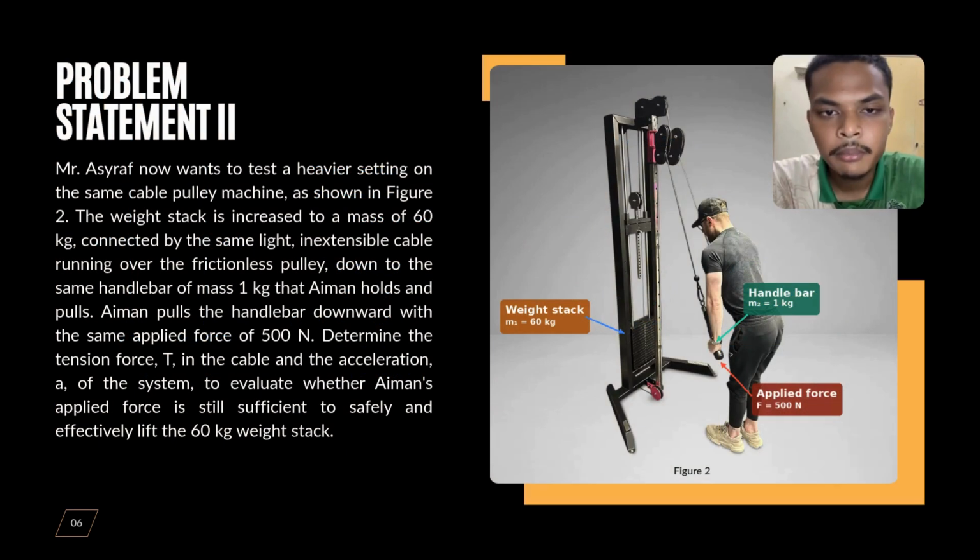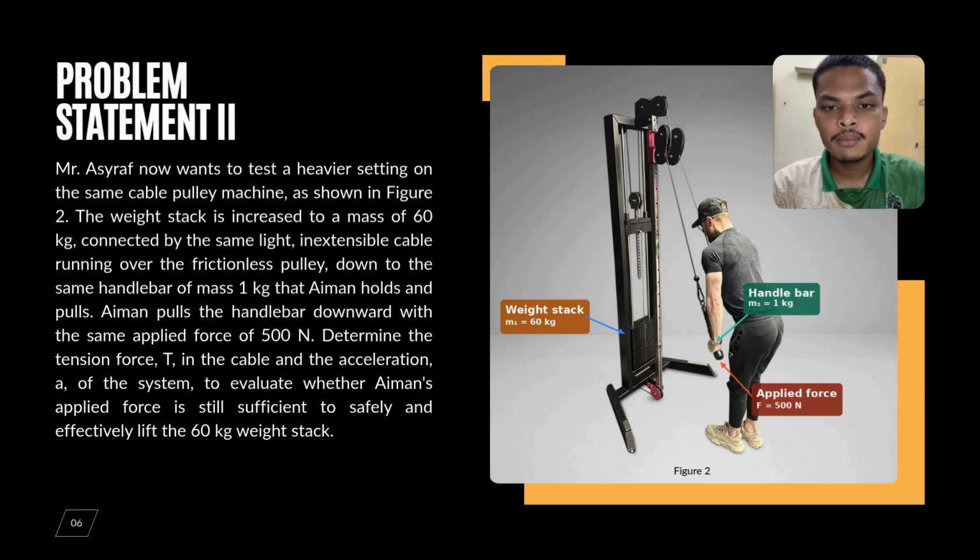Second problem statement. Mr. Ashraf now wants to test a heavier setting on the same cable pulley machine as shown in figure 2. The weight stack is increased to 60 kg, still connected by the same light inextensible cable running over the frictionless pulley, down to the same handlebar of mass 1 kg that Aiman holds and pulls.